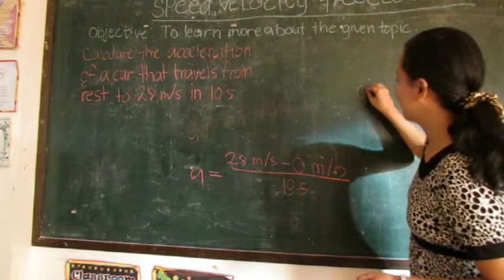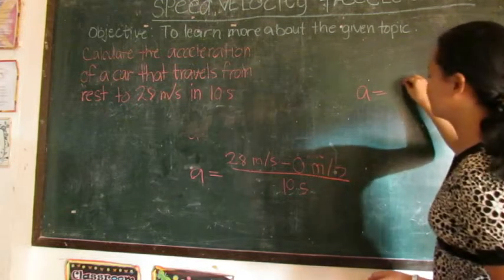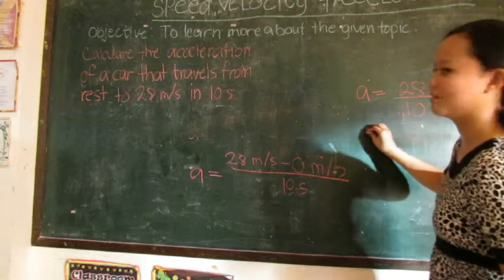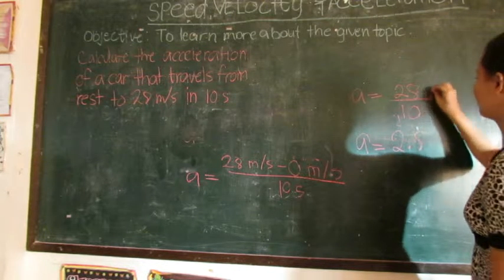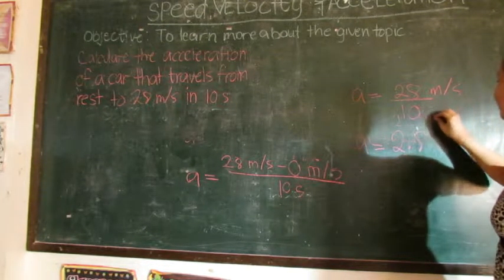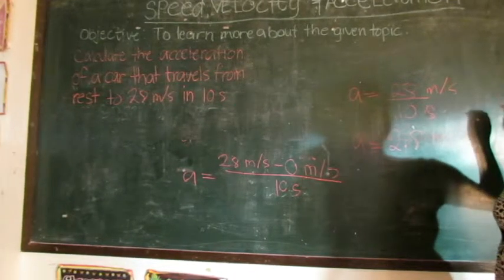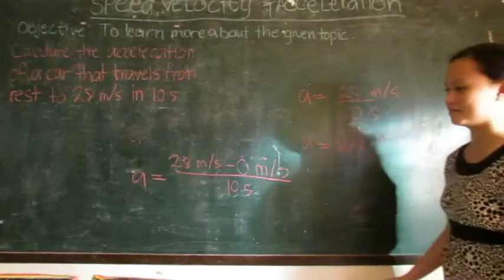So A is equal to 28 over 10, which is 2.8 meters per second squared.